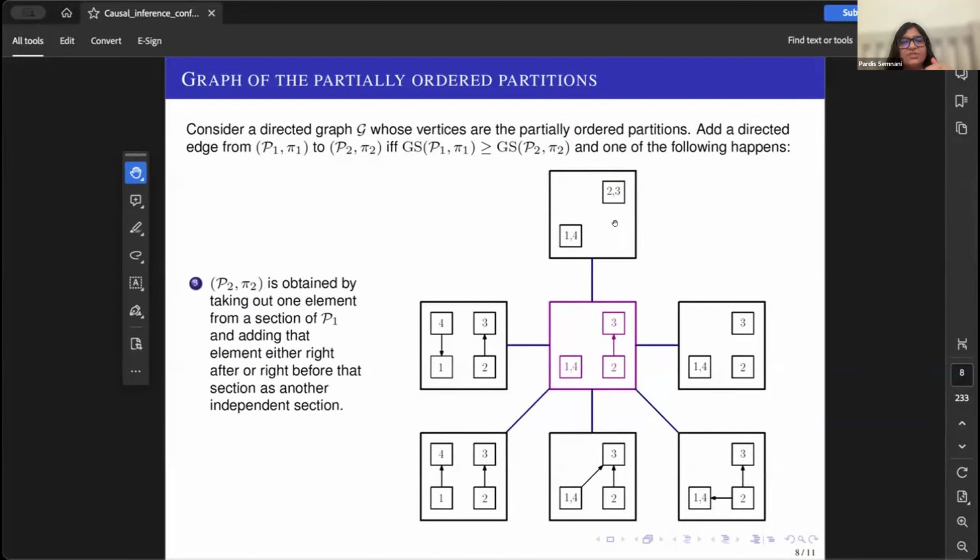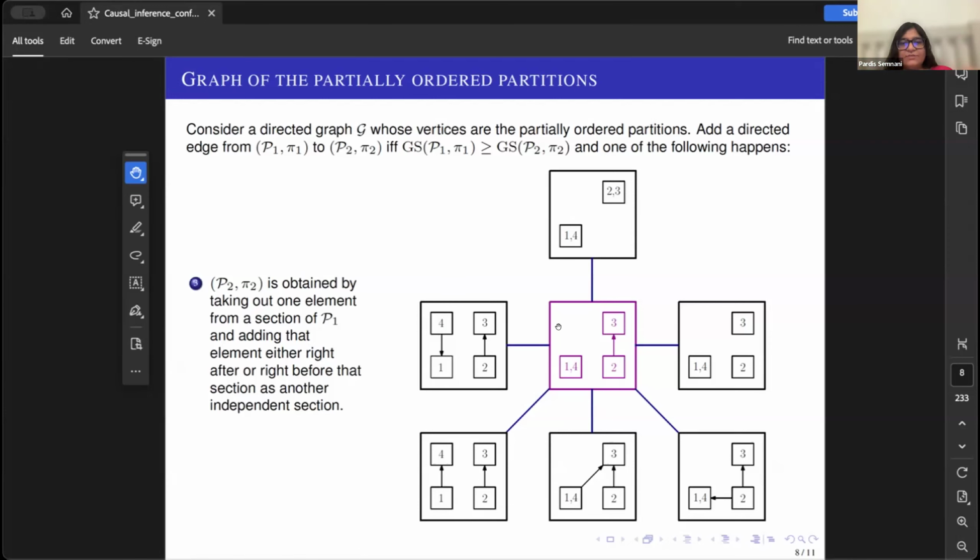And the third way of getting edges is if P2 pi 2 is obtained by taking out one element from one of the sections in P1 and adding that element either right after or right before that section as an independent section.